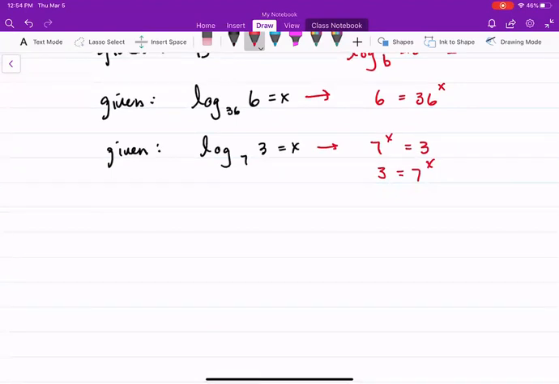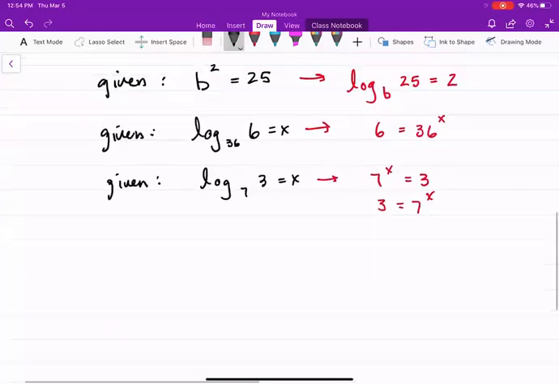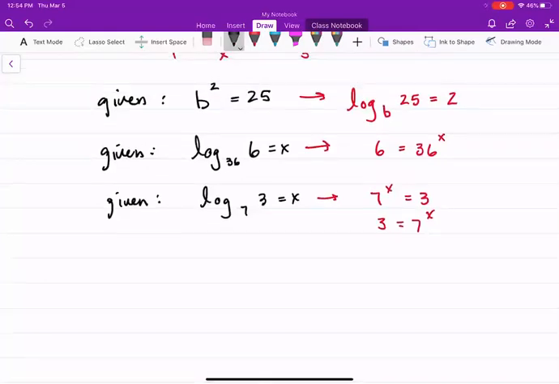Method 1 and method 2 are both the same, just to let you guys know. So for the same thing for 36 and x, you can switch to 36 raised to x is equal to 6? Yes. Because there's no difference. They're still equal to each other. Either way I look at it, I'm saying that 6 is equal to 36 raised to the x power, or 36 raised to x power is equal to 6.